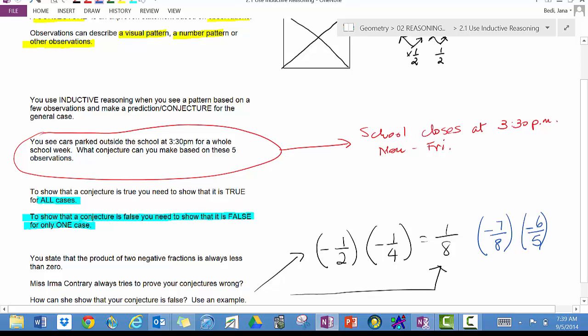Note, these are both fractions, and the result is 42/40. This is obviously greater than 1, and therefore it's greater than 0. So now Miss Irma Contrary has proven you wrong. So what we are learning is that to prove a conjecture false, you only need one counterexample.